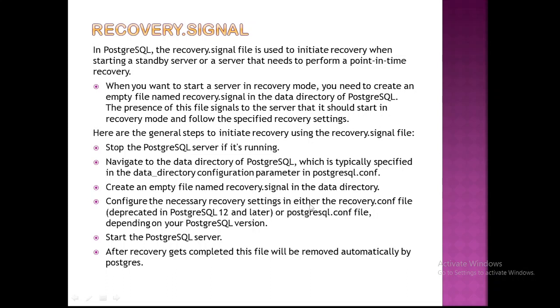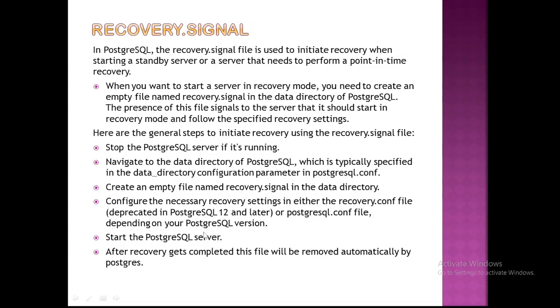Okay, configure the necessary recovery settings in the postgres.conf file, which in earlier versions was recovery.conf, but after version 12 we have the postgres.conf file, and all parameters should be updated in this file. Okay, then you start the postgres server and it will get into recovery mode.